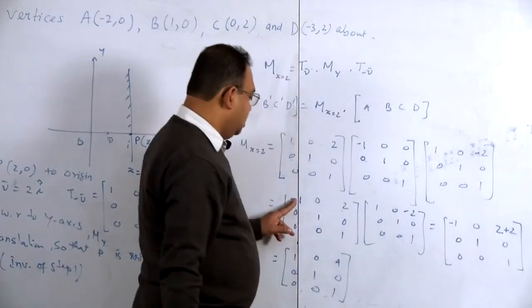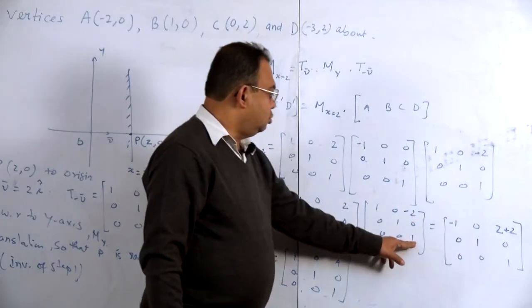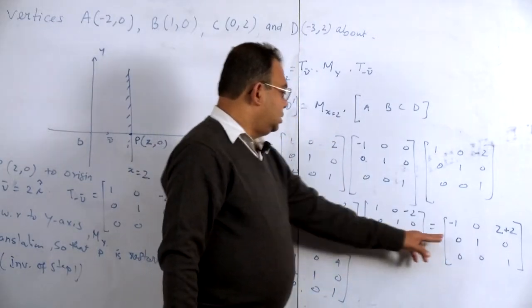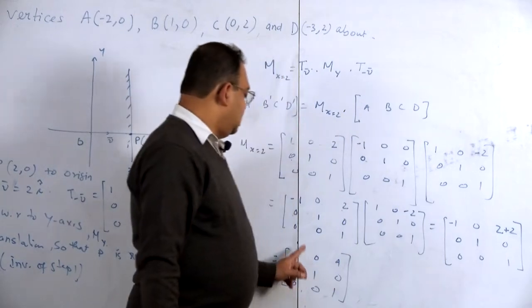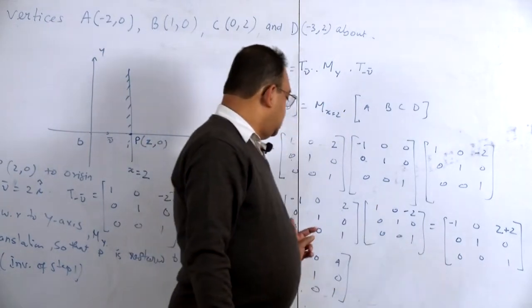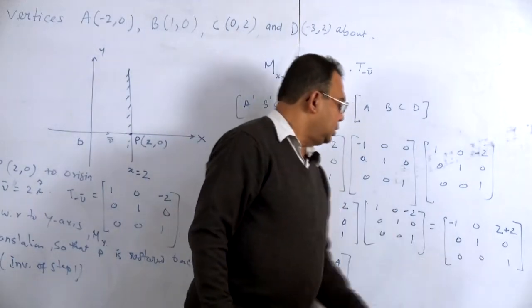Then we multiply this with the next matrix. This becomes minus 1, then 0, then minus 1 into minus 2 which is 2, plus 2 into 1, that is 2 plus 2, which is 4. Then 0 1 0, and the last row 0 0 1.